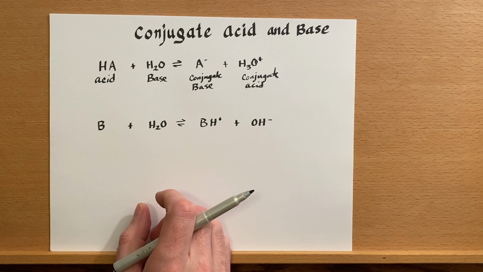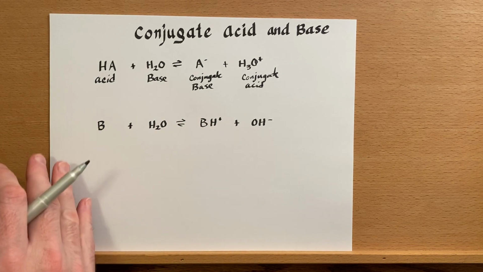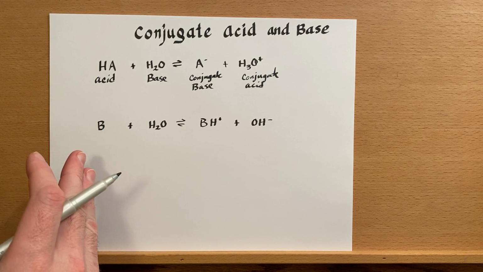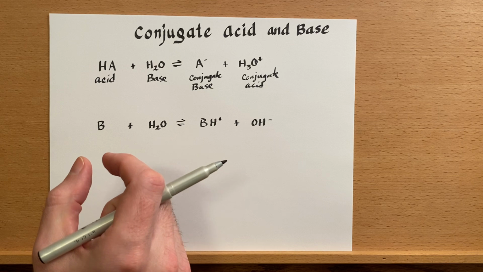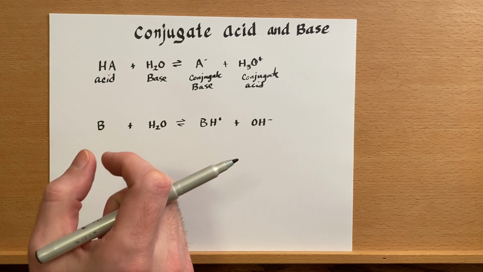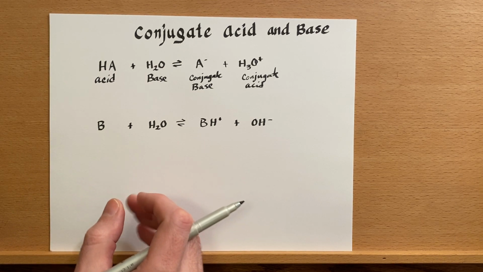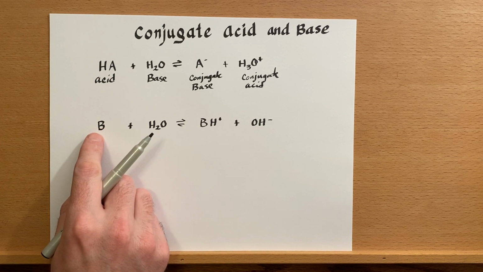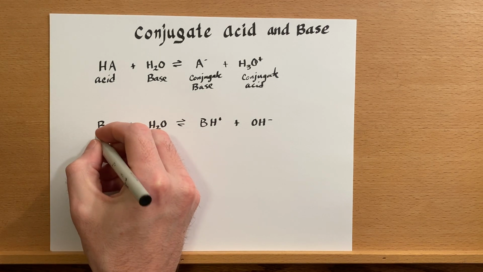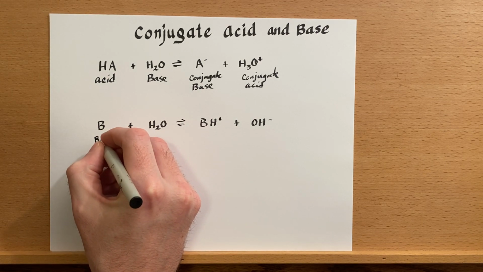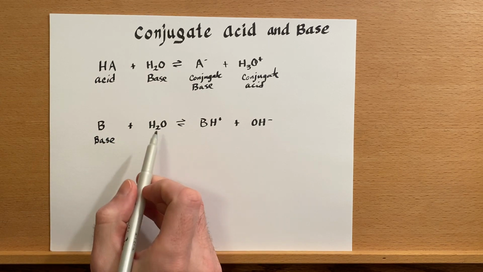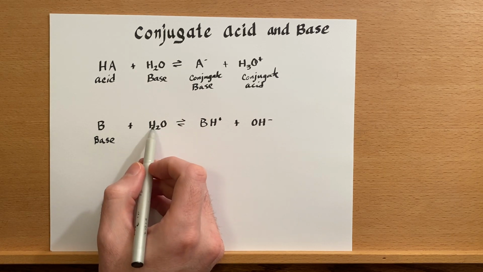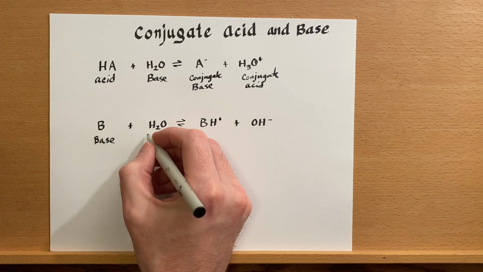That can help us identify what is an acid and what is a base in a chemical reaction, because we can look for the transfer of a proton and be able to see that most of the molecule will not change. Similarly, down here in our base reaction, we have our base B. Now, in this case, water is acting as an acid because it is going to give a proton to the base.